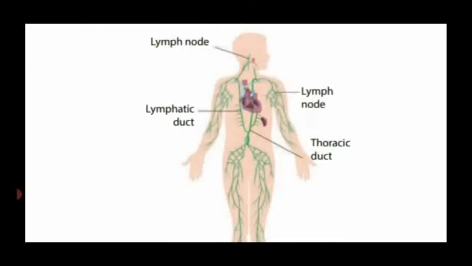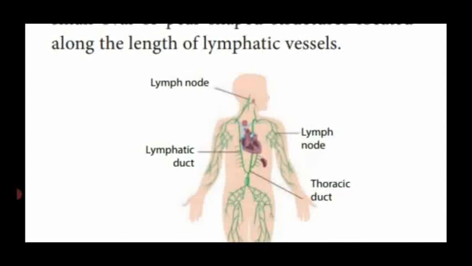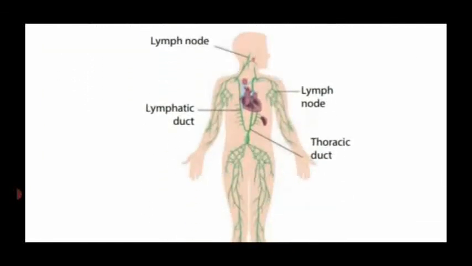Dear students, see the diagram. This is the lymphatic system in man, which is denoted in green color. The lymphatic system is made up of lymphatic capillaries which combine together to form lymphatic vessels. These lymphatic vessels have a cavity called a lymphatic duct.